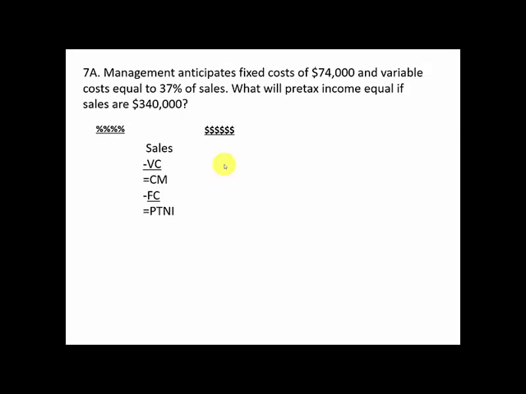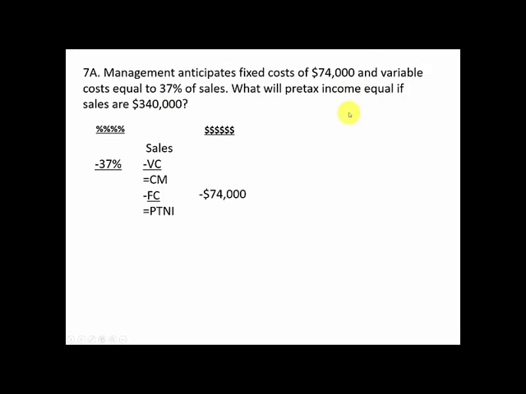This idea can be expressed in dollars or it can be expressed in percentages. So the fixed cost, they give that to us, $74,000. Variable cost equals 37% of sales.